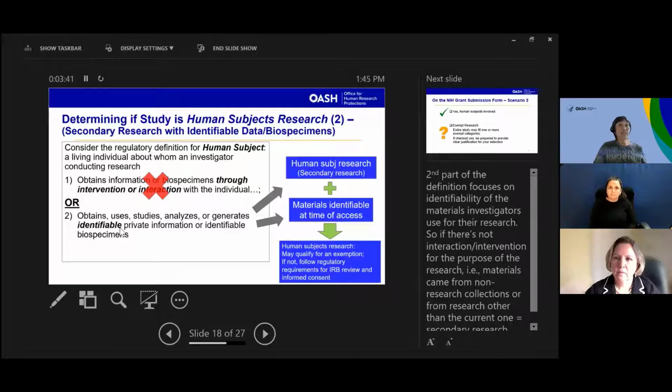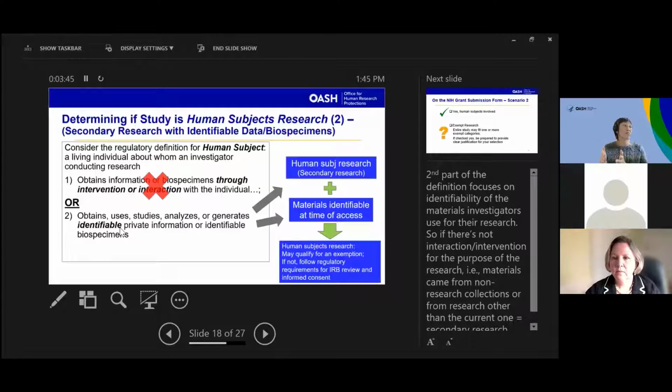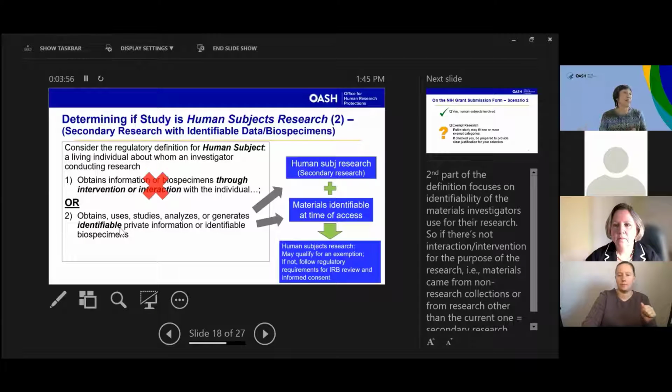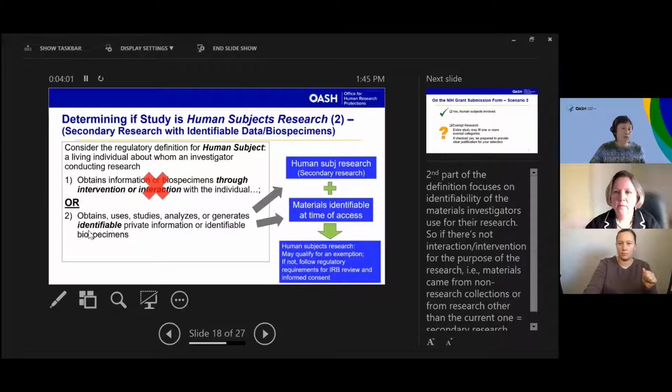Now, on the other hand, if you had kept a link of some sort, be it that you have not fished out that link for a while, but you actually know where to go and get it, so that there is a means for you to link them back somehow, then you would be considered as having identifiable materials for your secondary research. And your options here would be, okay, I can look at the exemptions now.